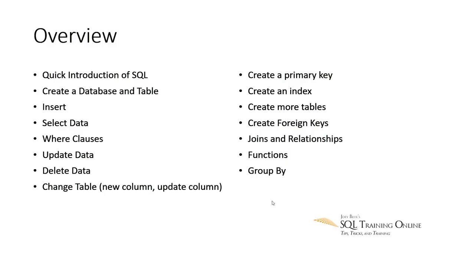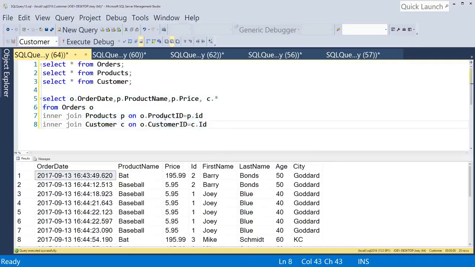So the final things that we need to talk about are functions and group bys. And we're going to do that right now because we have this all summed up. What I want to do is just look at the total money spent so far.